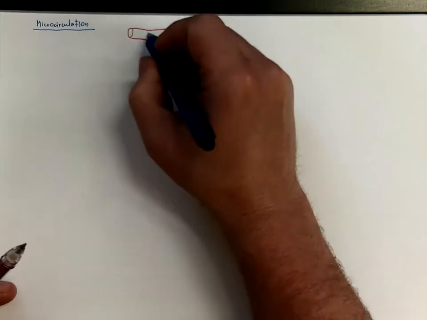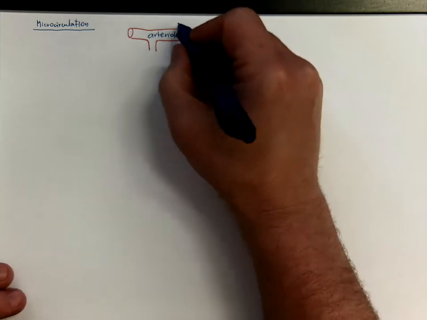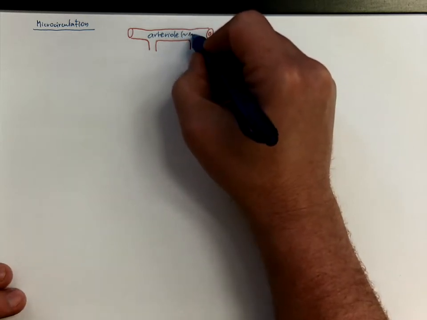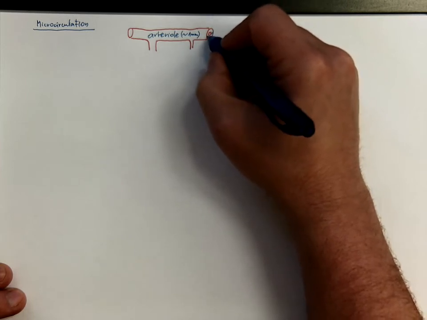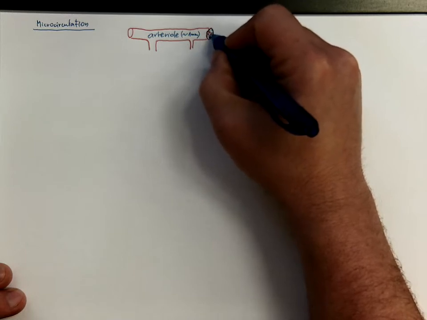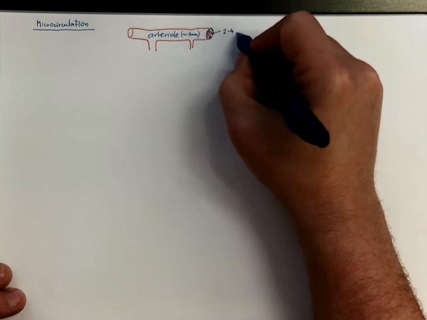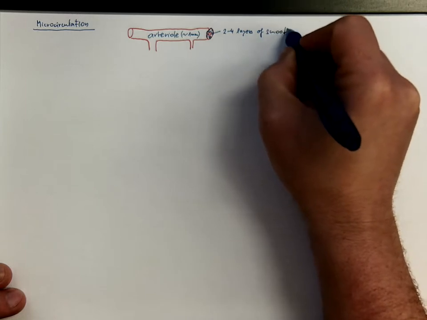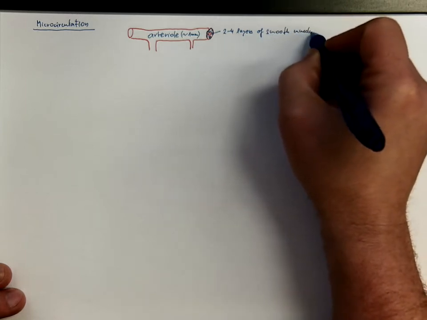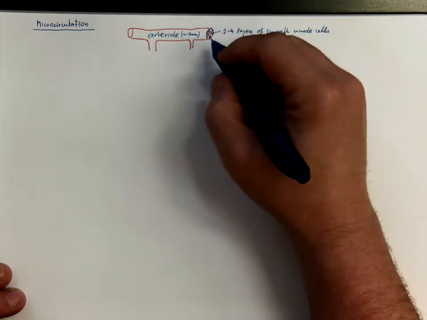The arterioles, approximately 1 millimeter in diameter, have the wall made of 2 to 3, or let's say 2 to 4, layers of smooth muscle cells that can efficiently change diameter.